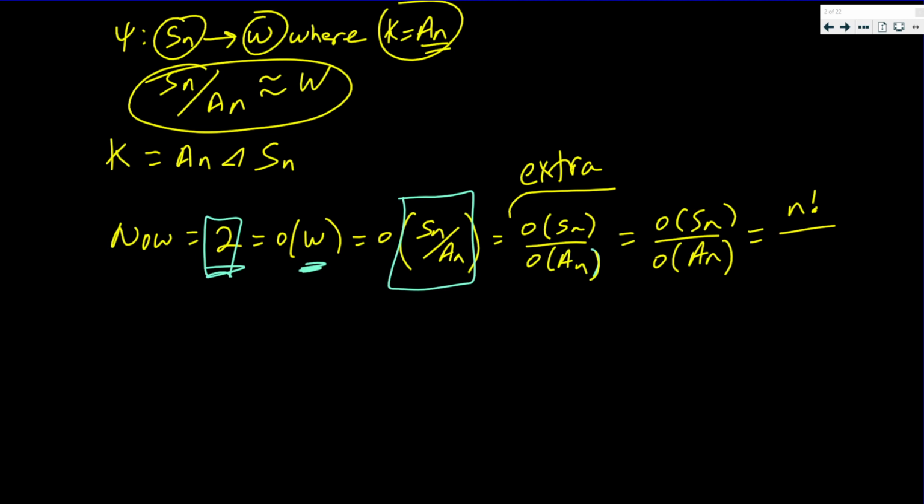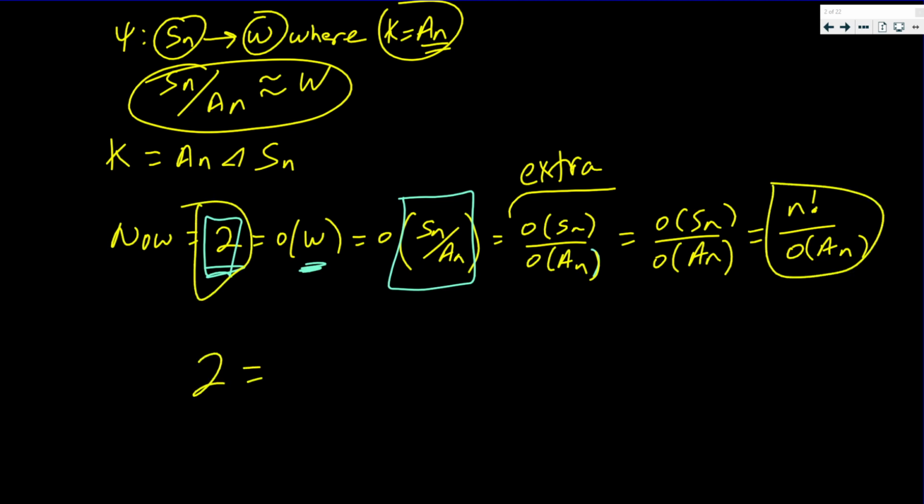So 2 equals n factorial divided by the order of A sub n, and you can switch those, since these are real numbers.